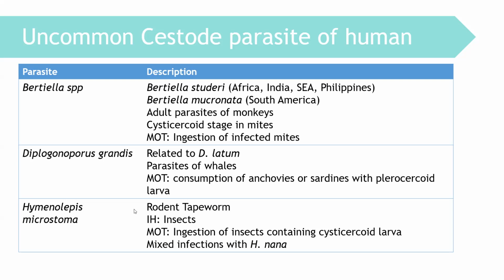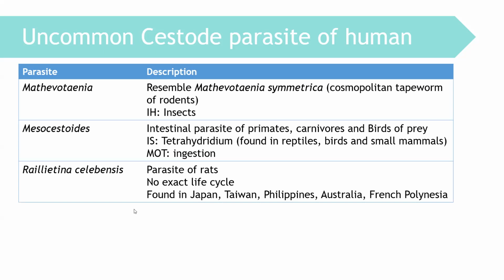We also have Hymenolepis microstoma, which is considered a rodent tapeworm, and insects serve as the intermediate host. Mode of transmission is insects containing cysticercoid larvae. It can cause mixed infection with Hymenolepis nana.